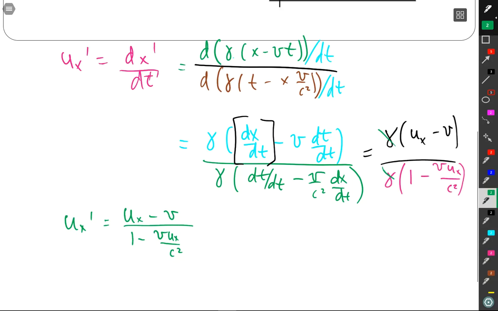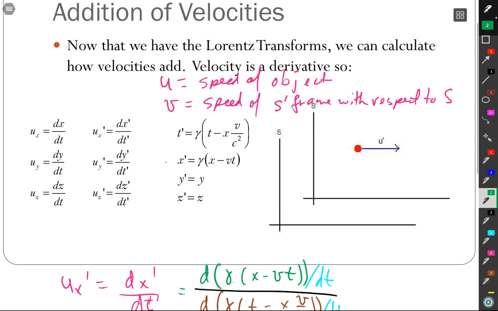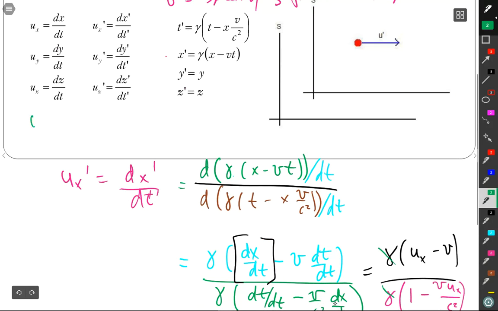This is almost the same as what we would have for Galilean. I'm going to rewrite what ux and v are so that we can see that relationship. So ux is equal to the speed of my object.